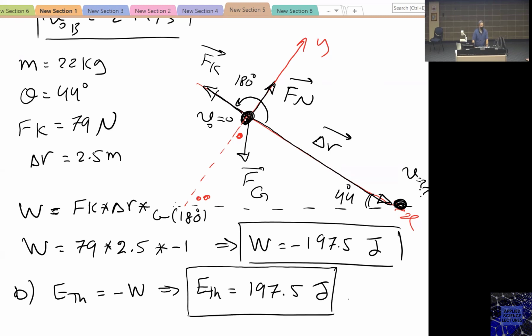So this is the thermal energy produced. From the friction point of view, it's a lost energy due to the friction. However, the thermal energy here is produced energy due to this friction. So the thermal is always the negative of the work of the frictional force.